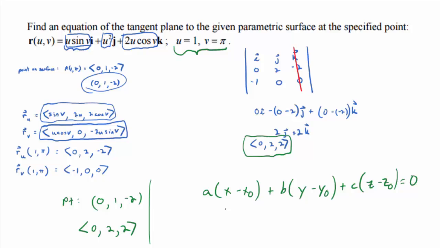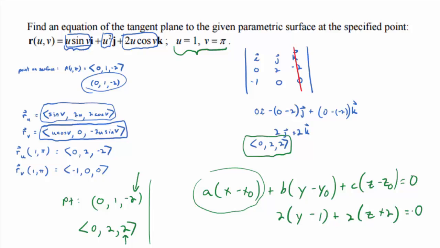So what do we get here? What happens to this guy? 0. This guy? 2 times y minus 2? Nope. 1. Got to look at the right thing. All right, and then what else do we get? Plus c would be from the normal vector 2. I guess I can point by making it an arrow. Times z minus z naught. So plus 2 times z minus -2, which is z plus 2, equals 0.